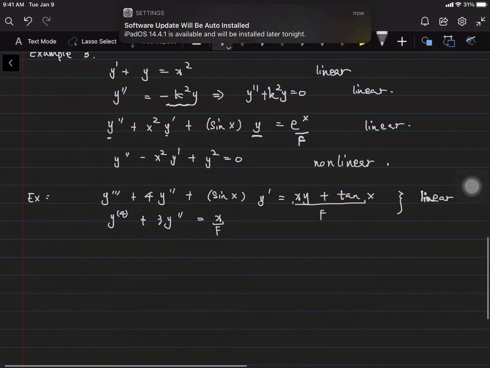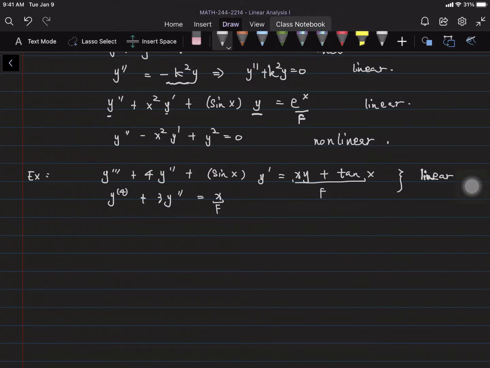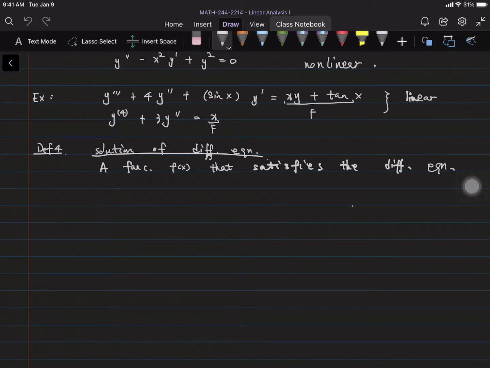Next, we are going to take a look at the definition of a solution. A solution to a differential equation is a function that satisfies the differential equation. So what's the solution of a differential equation? It means a function y equals f(x) that satisfies the differential equation.